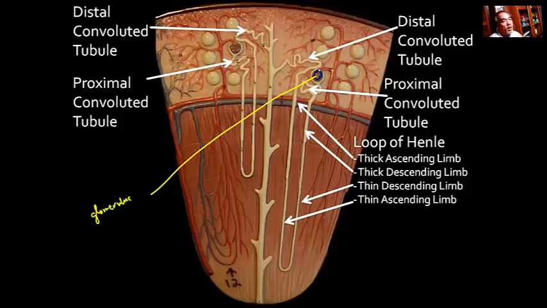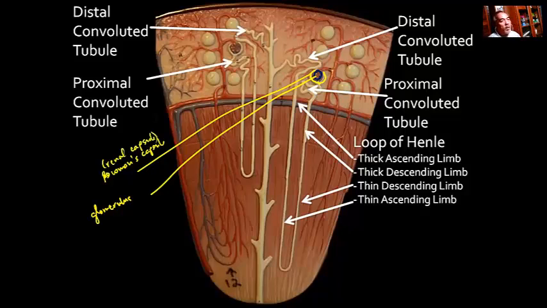And the cup that holds the glomerulus is called your Bowman's capsule. We also call it the renal capsule.